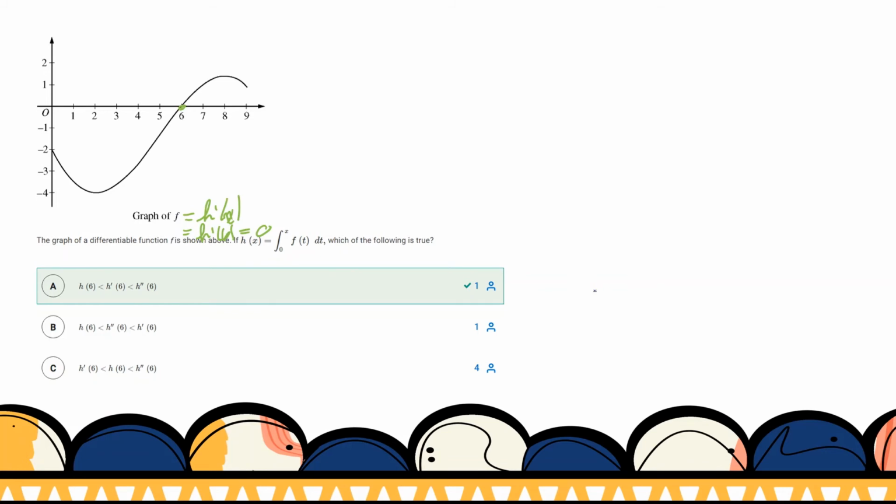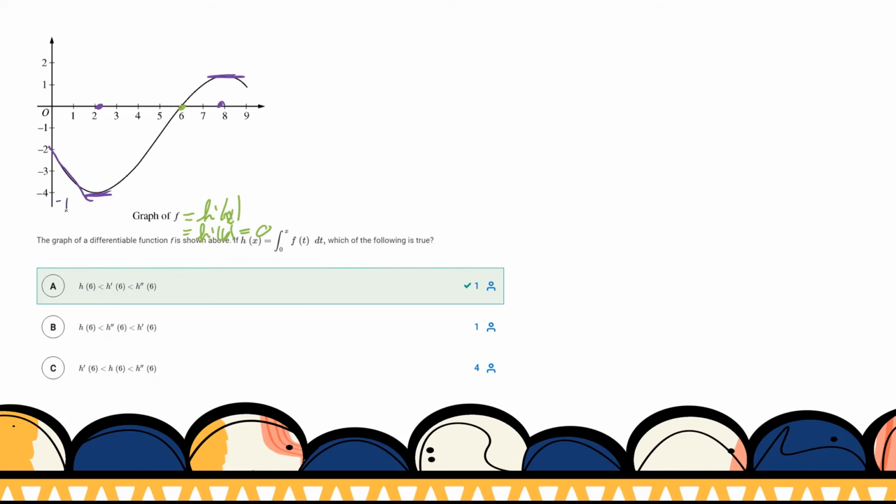Let's do the second derivative. So when we're looking at a graph, the derivative here is 0. The derivative here is 0. And then the derivative here, the slope, I might say, is close to -1.